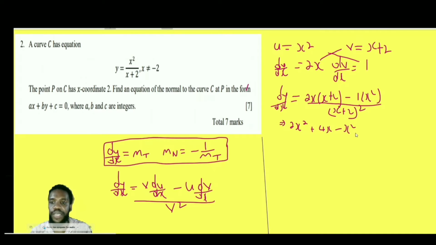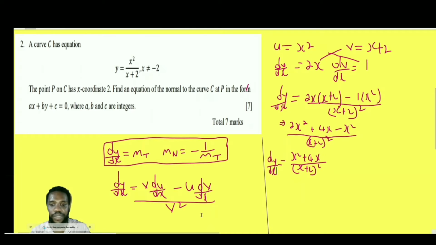This is going to give me 2x squared plus 4x minus x squared all over x plus 2 all squared, which gives me 2x squared minus x squared is x squared, plus 4x, all over x plus 2 all squared. And of course, this is dy dx.